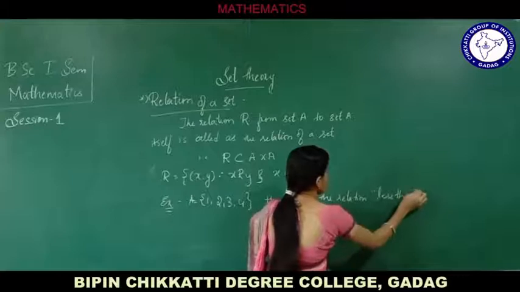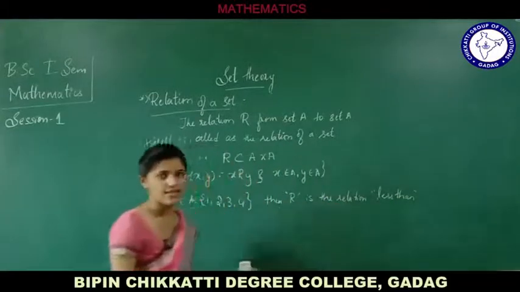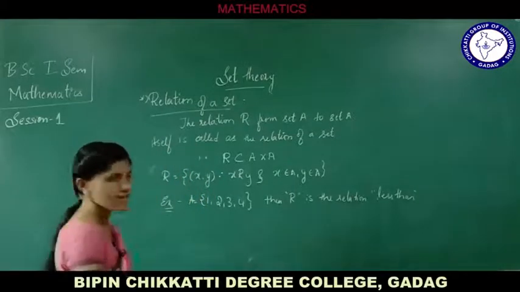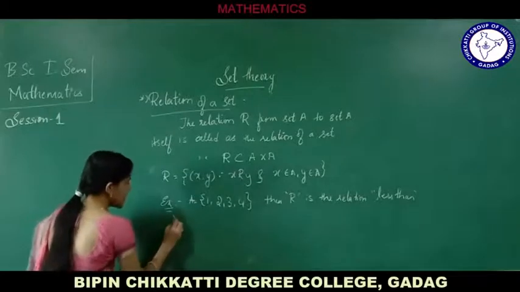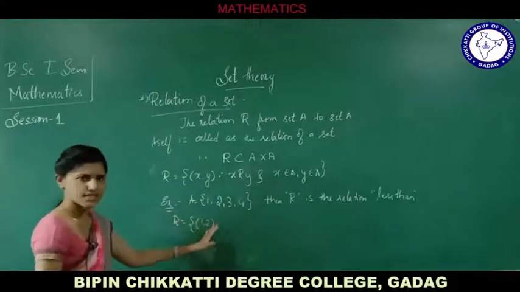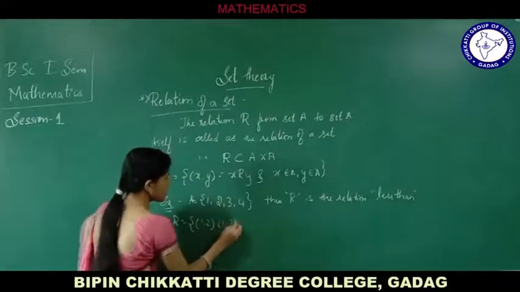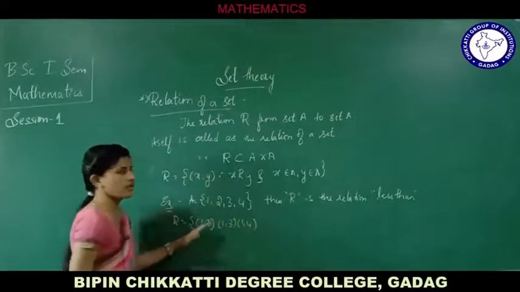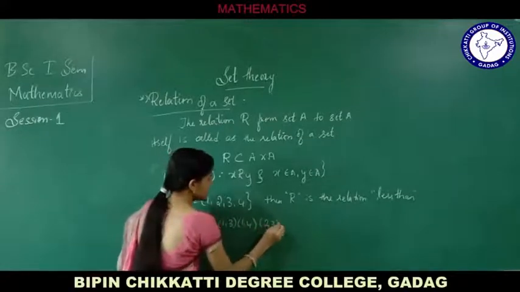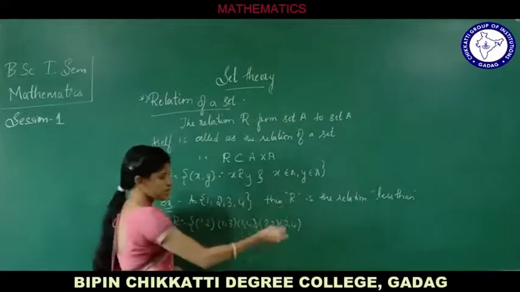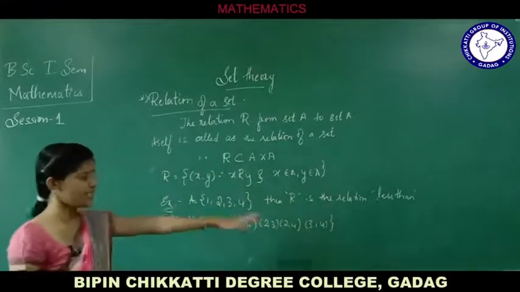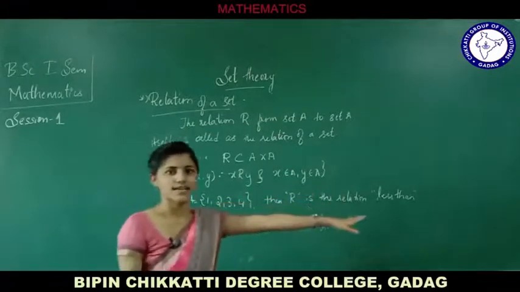It means we need to find the relation in such a way that the first one should be less than the second one in the given order. R will be equal to 1 comma 2, obviously 1 is less than 2, then 1 comma 3, 1 comma 4, here 1 is less than 2, 3 and 4. The next ones are 2 comma 3 and 2 comma 4. The same way it is 3 comma 4. So R is the relation less than.